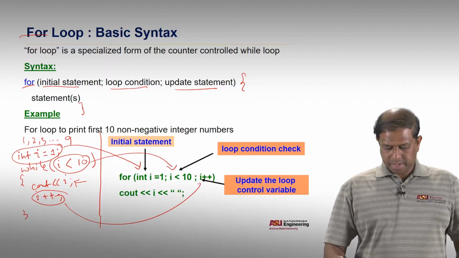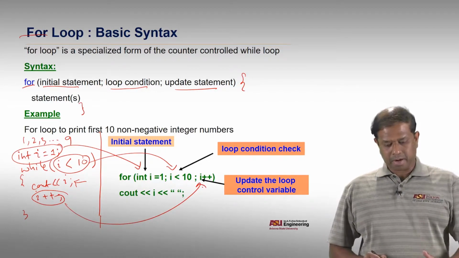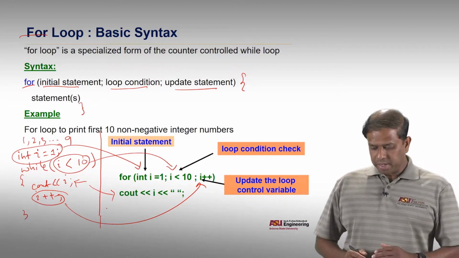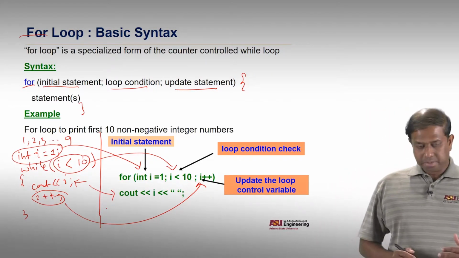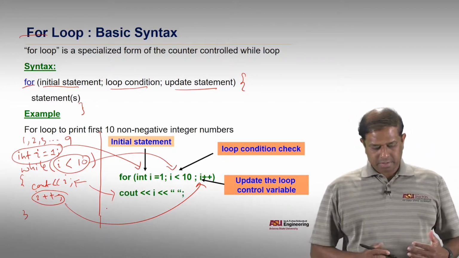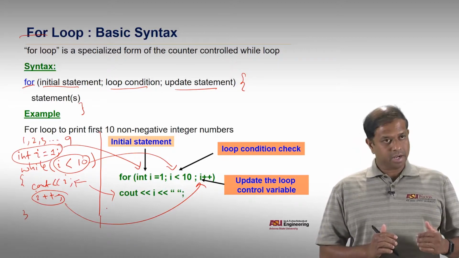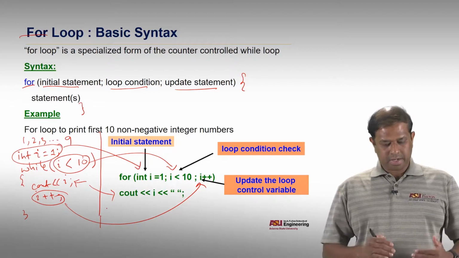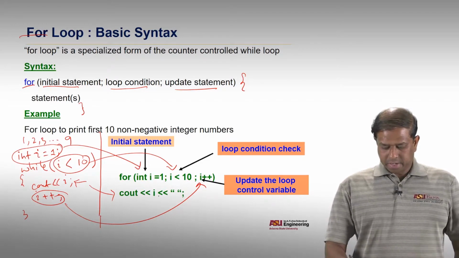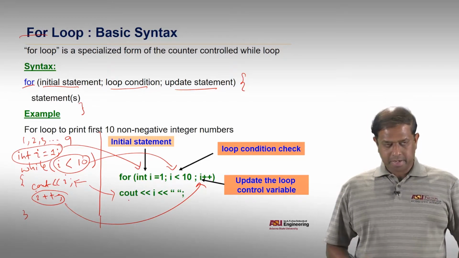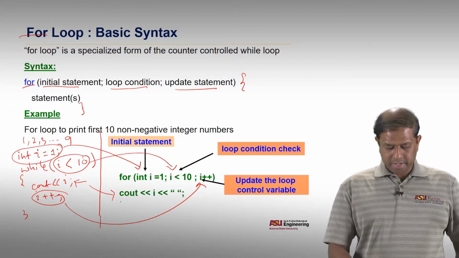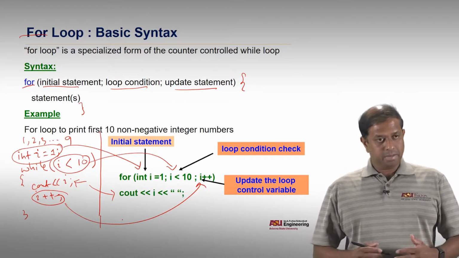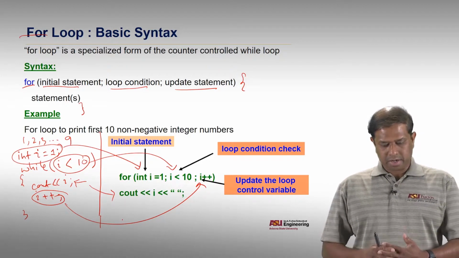We put the update statement as the third part of the loop, and then what we are repeating goes inside the for loop. So this is a pretty nice structure where we can put together the initial statement, the condition check, and the update statement in one line inside the for loop, and then whatever statements need to be repeated go after that within curly brackets for the for loop. All right. So that's the basic syntax of the for loop.